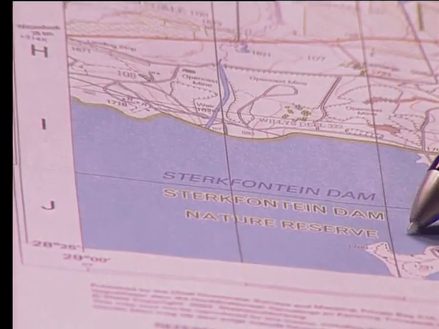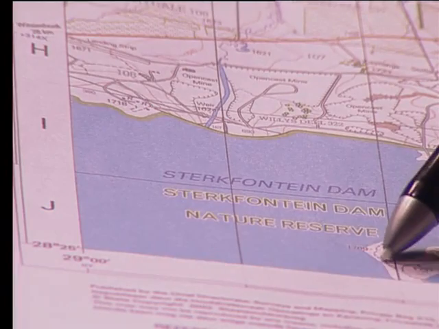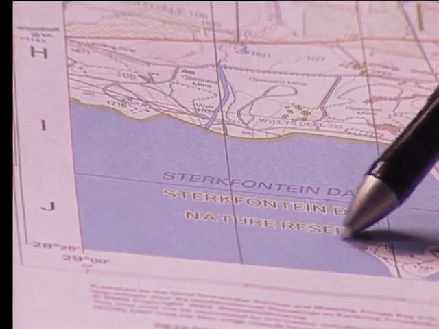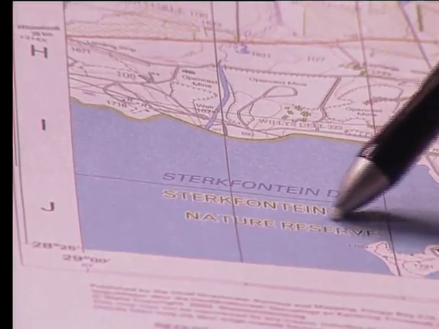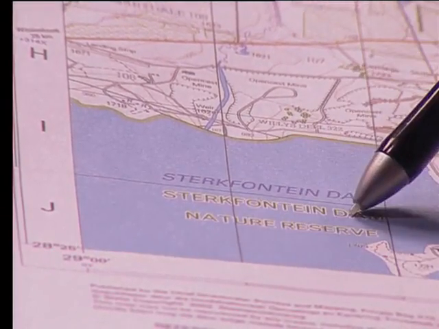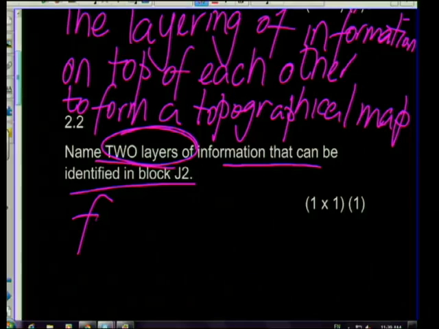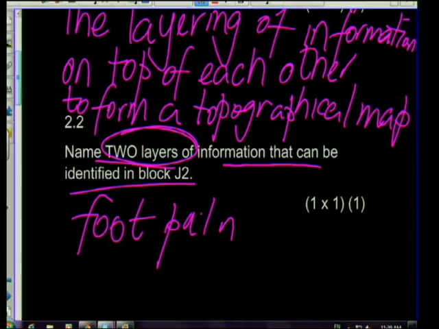So how many layers do we see here, guys? We see the layer of the footpath as one, the spot height as another, as well as the layer of the dam water. So any two layers, I'm going to put the footpath, which is a line object.